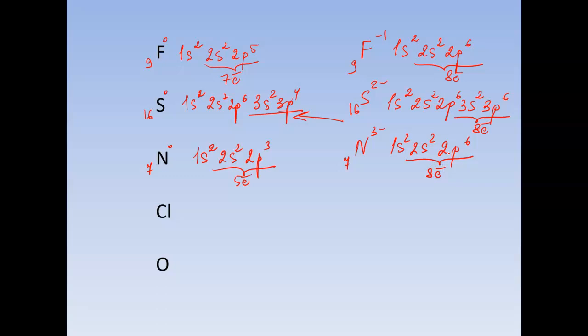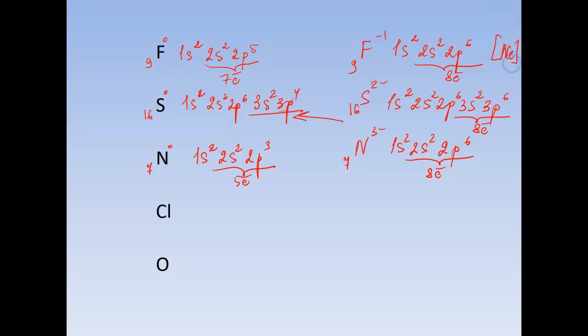And you can see, fluorine, when it gains 1 electron, becomes like neon, with an electron configuration like neon has, right?